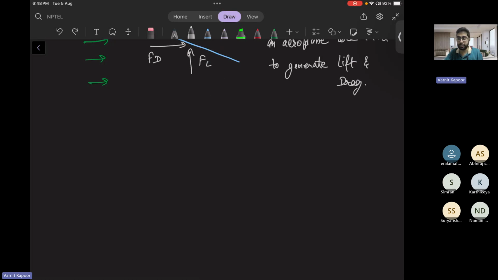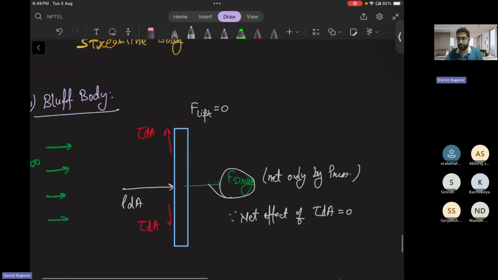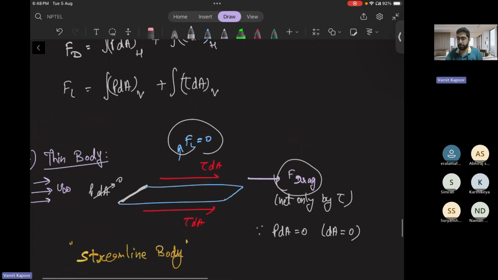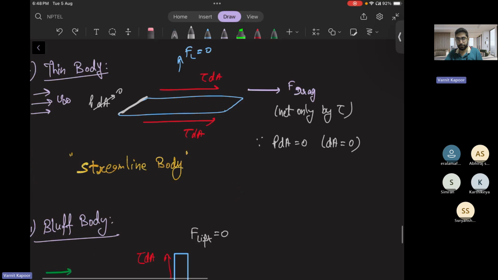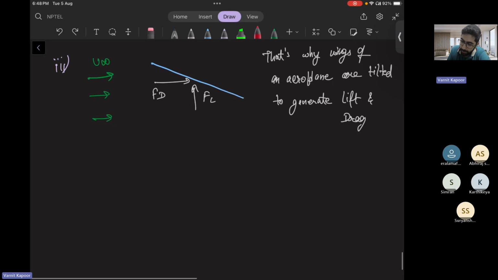But when drag is there, it is not necessary that lift will be there, because here drag is there, but lift is not there. So vice versa is not true. Okay, great. So I'll write this statement, a very important statement.